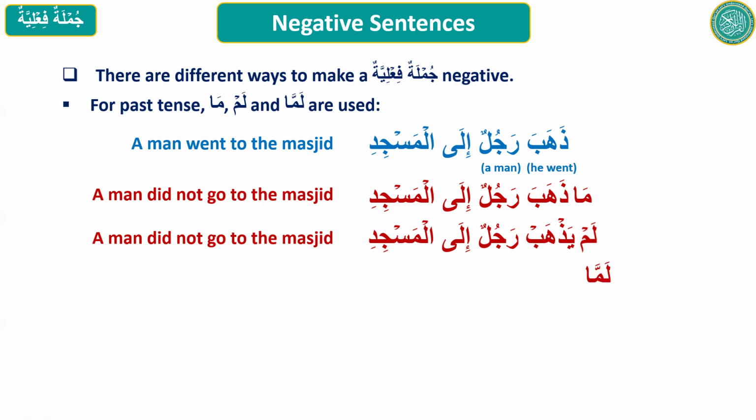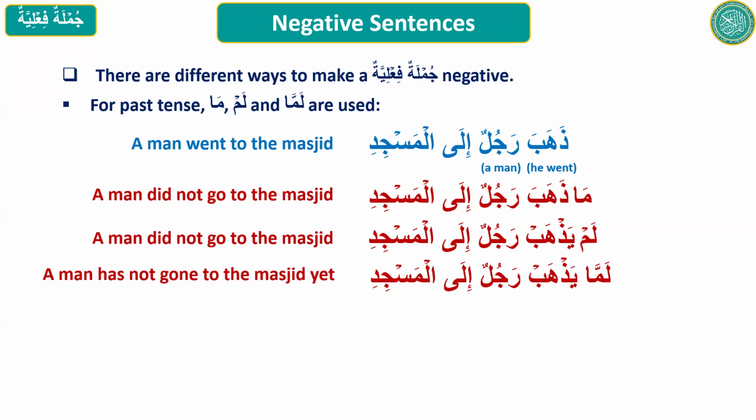Lamma does the same thing as lam. They belong to the same family. Lamma also is used for past tense negation, but it works with al-fi'l al-mudari. But its meaning is a little different. What's the meaning? A man has not gone to the masjid yet. Because lamma means not yet.